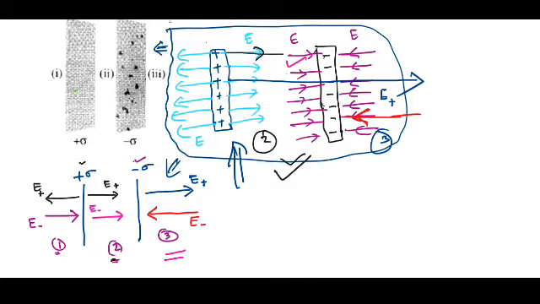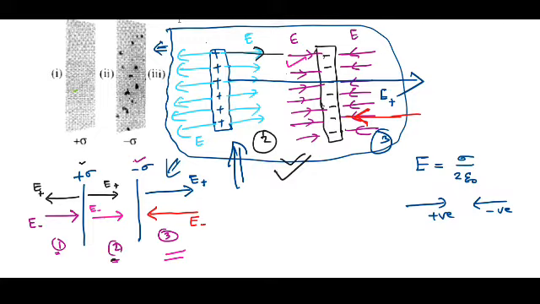Now, what are this E plus and E minus? The magnitude is the same. The electric field due to a charged sheet having charge density sigma is E equals sigma divided by 2 epsilon 0. Now I take this direction as positive and this direction as negative.